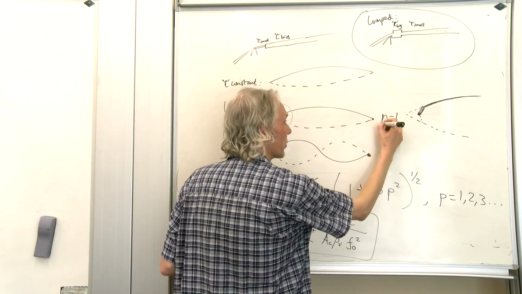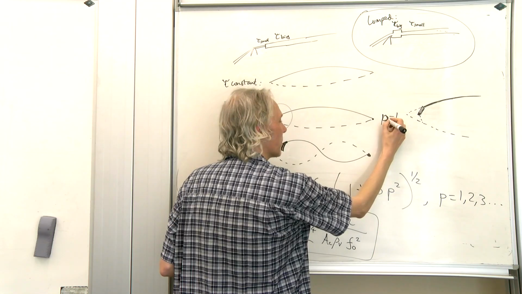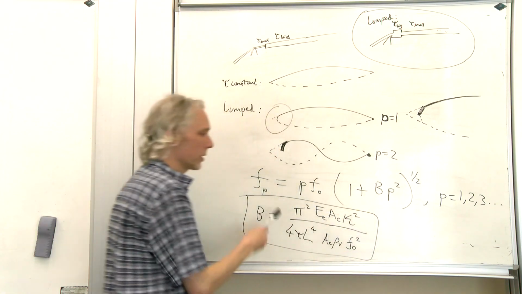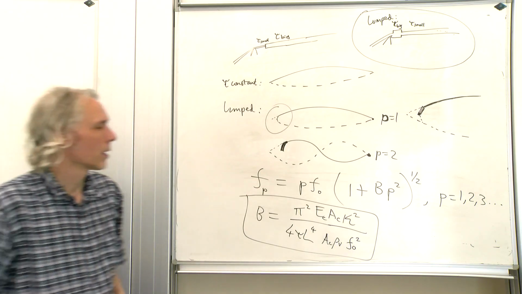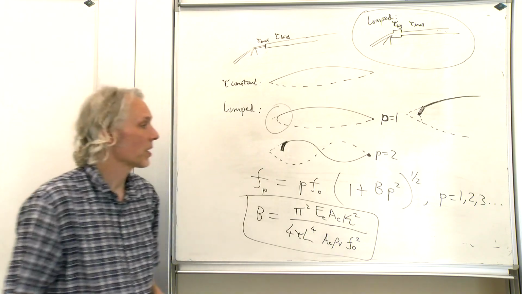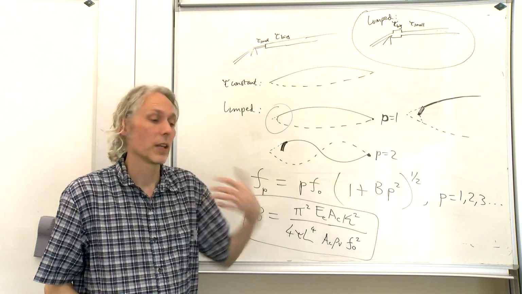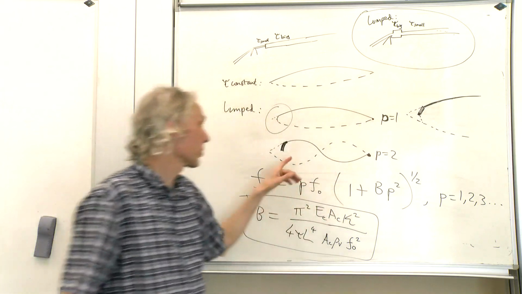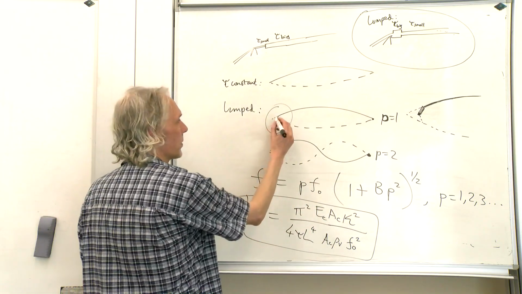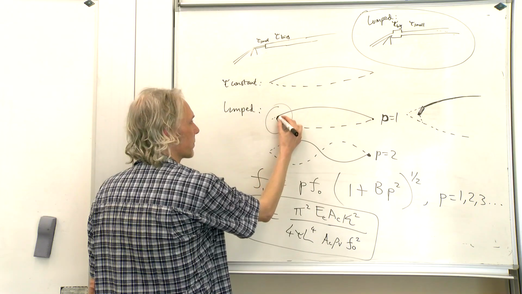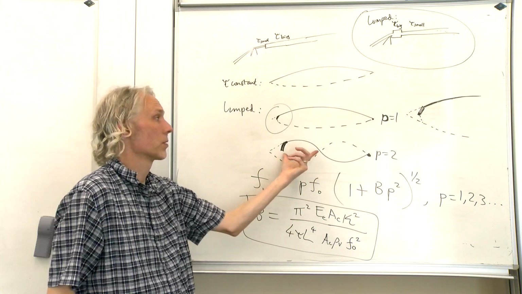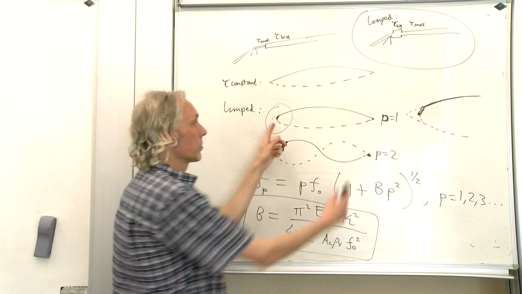Or p equals 1 if we want to use the same notation as before for this bit of talk. So p equals 1, and this is p equals 2 for the second mode here. It's not a harmonic, it's a second partial, but we're making it closer to harmonic if we add a lump near the end, because essentially this lump is a bigger fraction of this thing here than it was here.